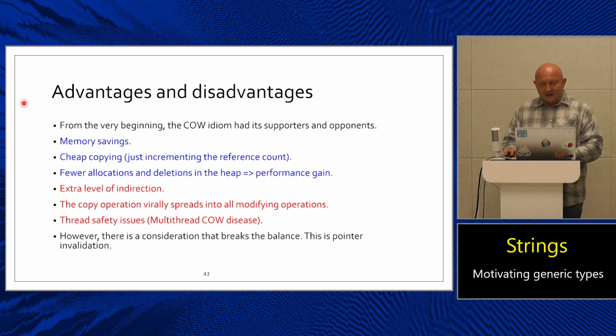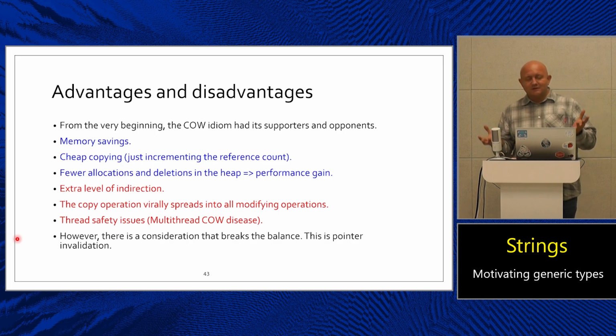But there is a consideration that breaks the balance, because overall it's a balance. On the one hand, cheap copies; on the other hand, fewer allocations and cache hits. The blue and the red on this slide are the balance. If it were only this, COW strings would have remained in the standard with their pros and cons.